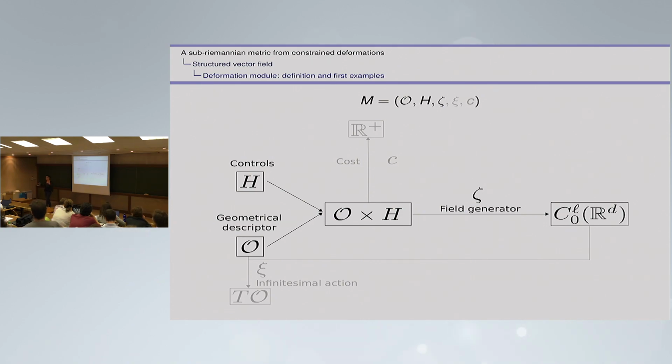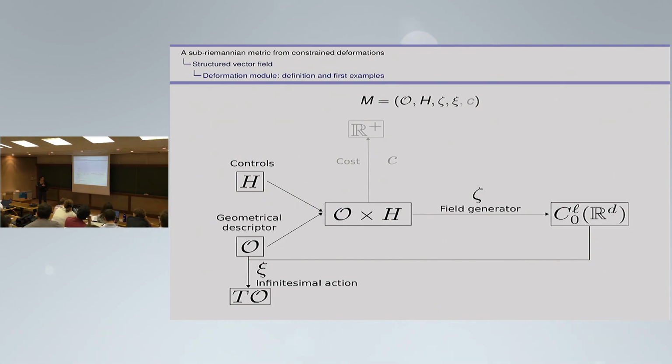So you need to define how this geometrical variable is going to follow a deformation of the ambient space. This will be defined by an infinitesimal action that applies vector fields to geometrical descriptors. So in fact, the space of geometrical descriptors is a shape space in the sense that I've defined previously. So it can be transformed by diffeomorphisms. And by differentiating this action with respect to diffeomorphisms at identity, you obtain the infinitesimal action. So the infinitesimal action takes vector fields and can apply them to a geometrical descriptor, giving an infinitesimal speed.